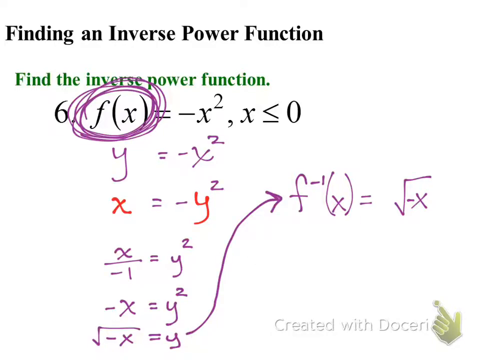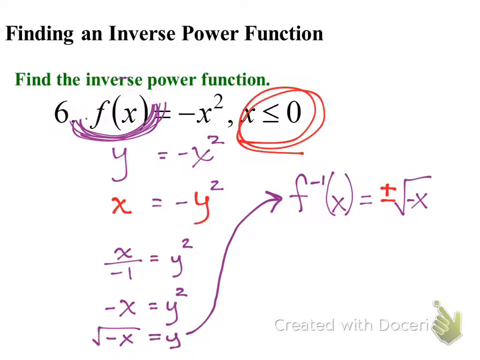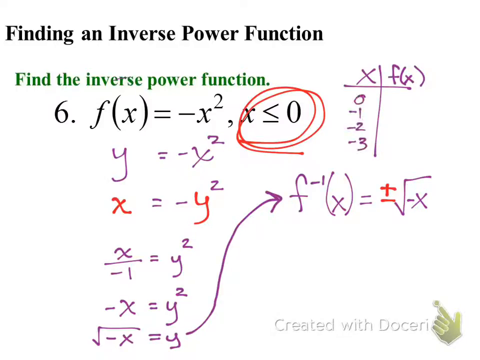But here's where this domain piece off to the side comes into play. This is where this domain piece becomes important. If we look at this domain, we want the input to be less than or equal to 0. So if I were to do a t-chart of that function, I would need numbers less than or equal to 0.